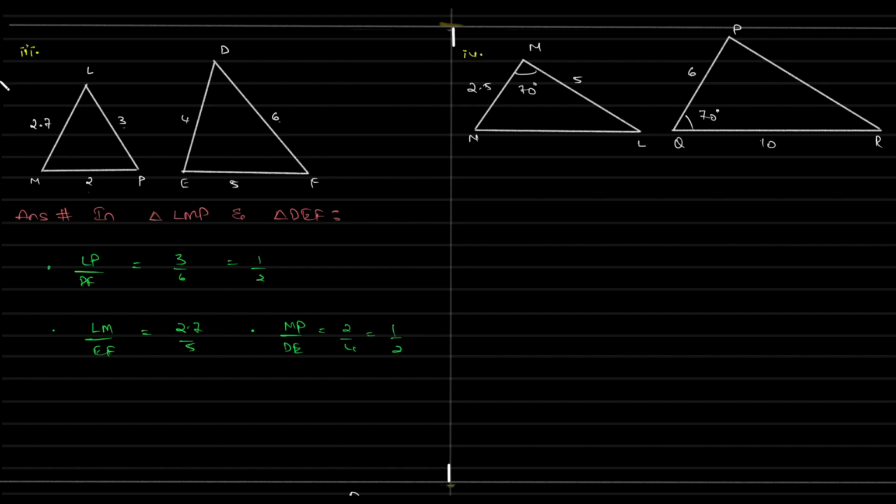So you can see that two of them have a factor of 2, but here the factor is not 2. 2.7 into 2 is not 5, it's 5.4. So these two triangles are not similar. Thus, triangle LMP is not similar to triangle DEF. Symbolically, you can just write it this way. Not similar. So just look for the ratios. If they're not matching, you are done.